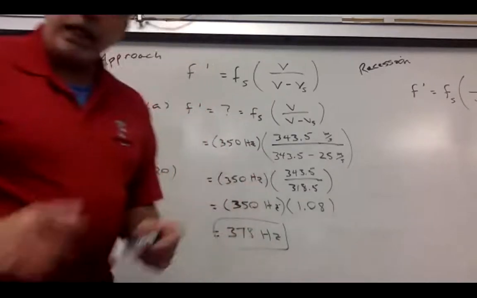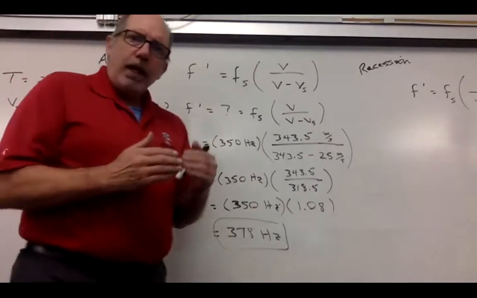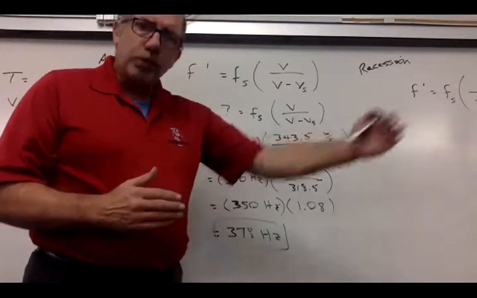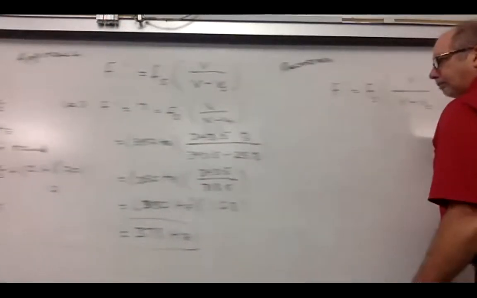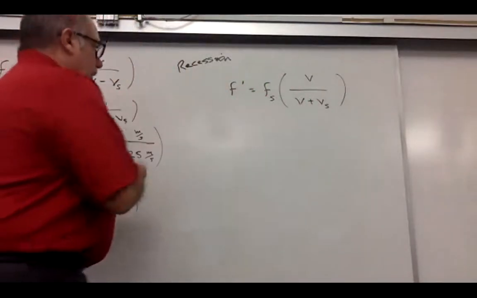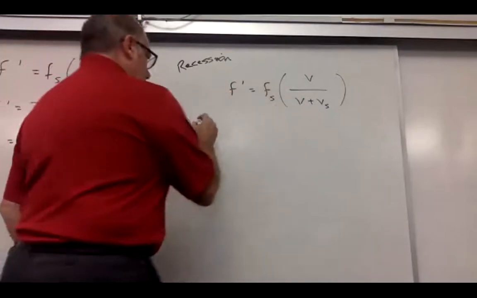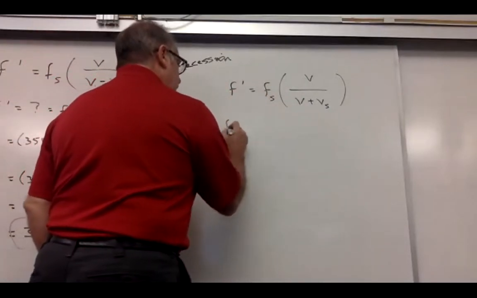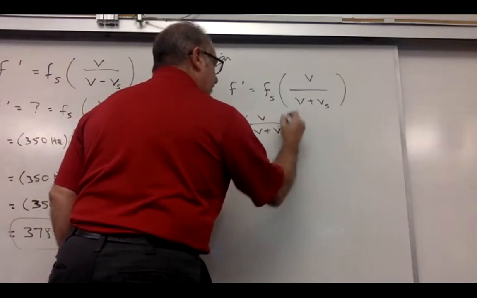Okay, part B. What frequency do you hear after the train passes and is receding away from you? Okay, now we're going to use this expression. So part B. While it's going away, you hear F prime is equal to F sub s times V over V plus V sub s.